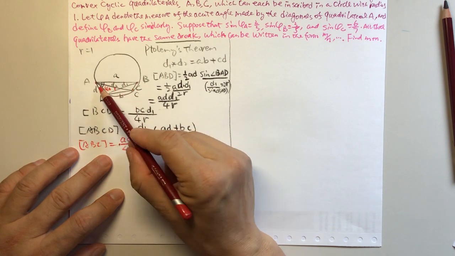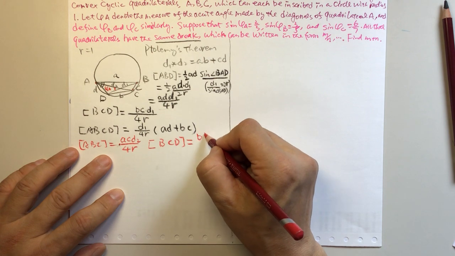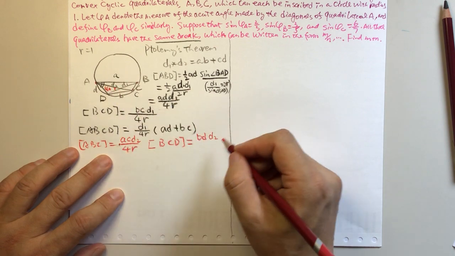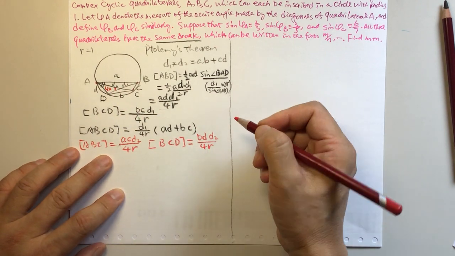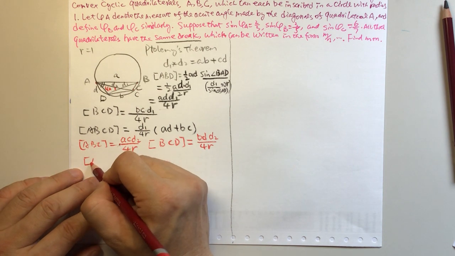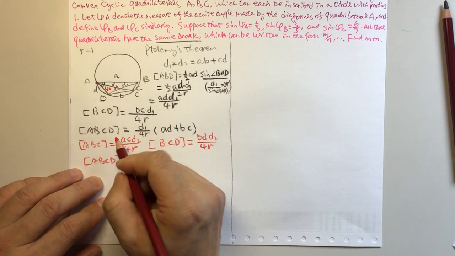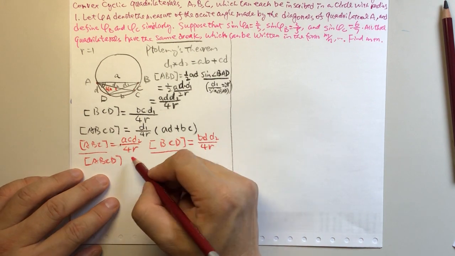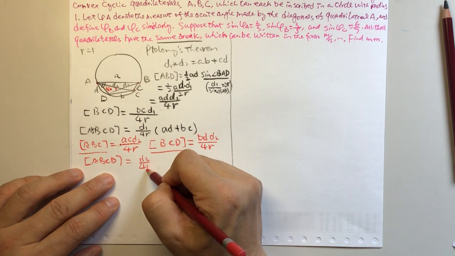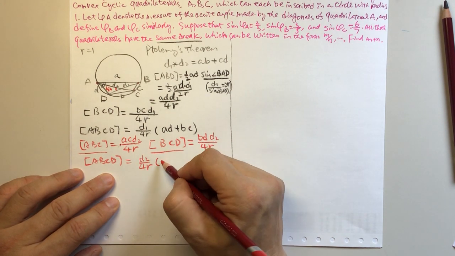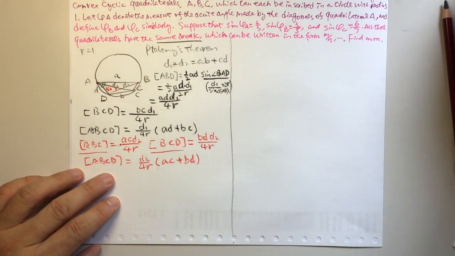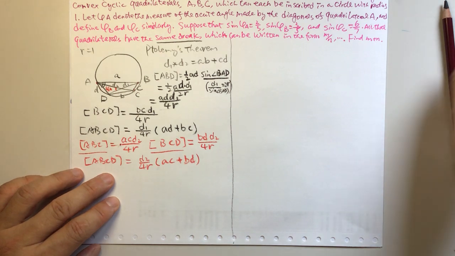Now we got BD, BD D2 over 4R. So we use another way to get the area ABCD. ABCD equals the area of this triangle plus this triangle. Put them together, we will get the same, D2 over 4R times AC plus BD. Okay, now we got this conclusion, right?